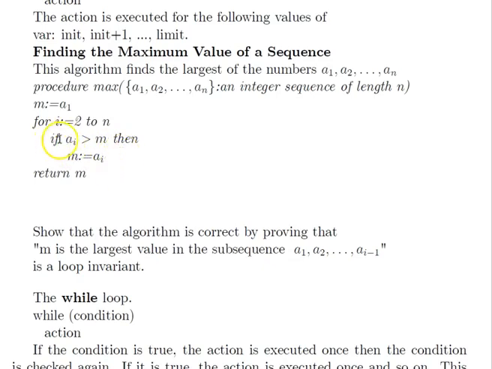the if statement is executed in the for loop, and if A2 is bigger than n, n takes value A2. So after the execution of the action of the for loop for I equals 2, in n we have the largest value of A1, A2.